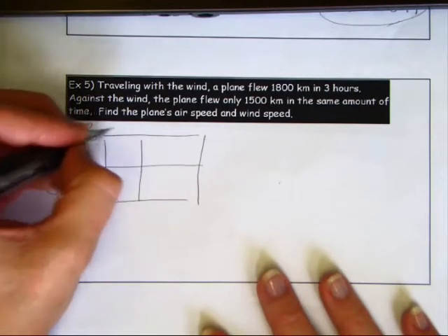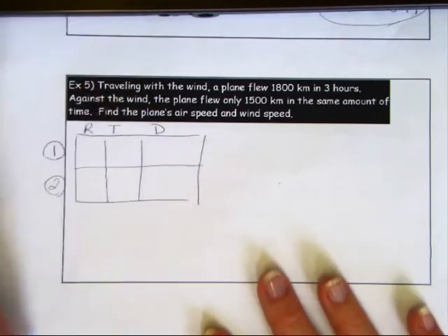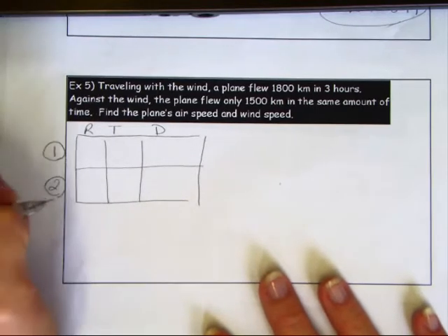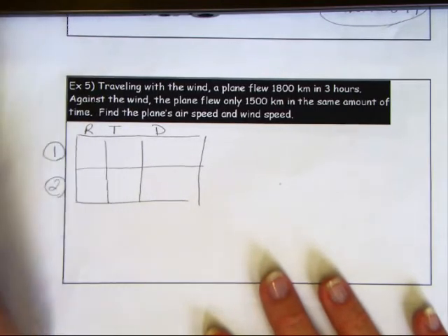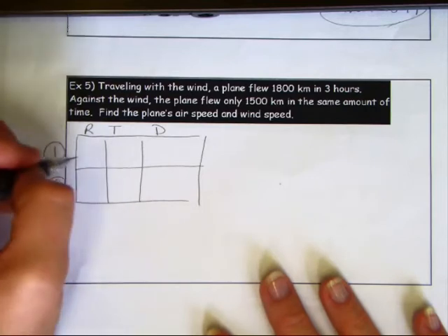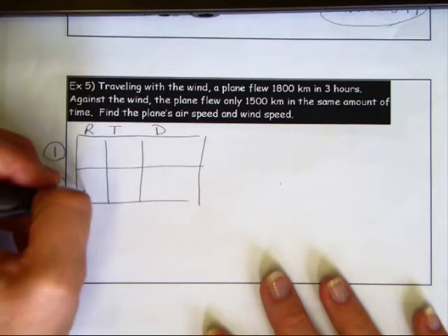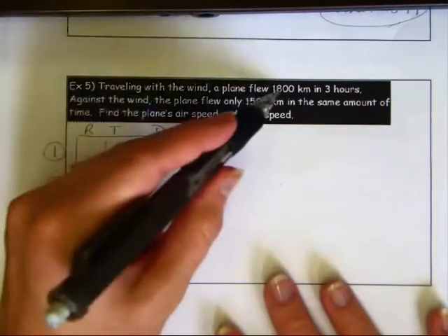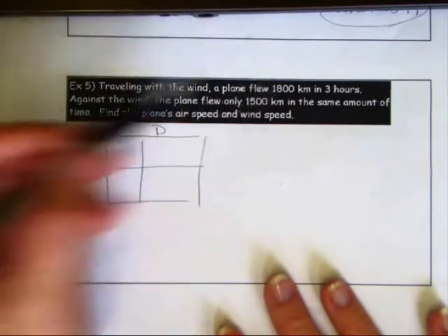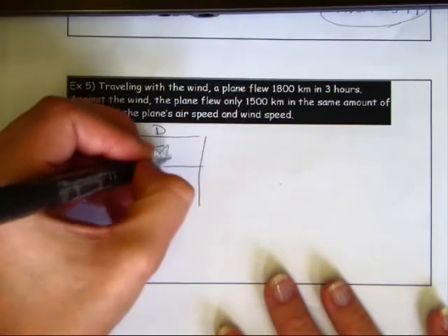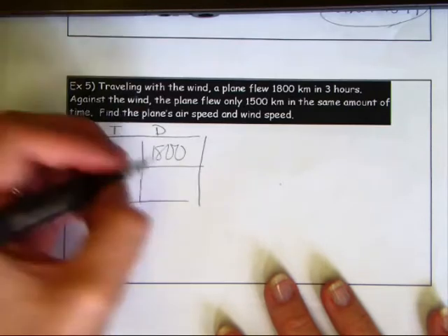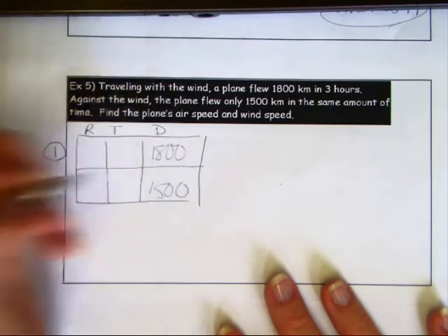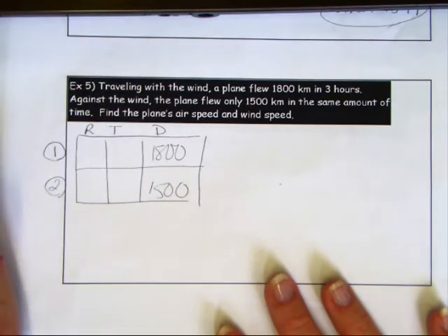We know that rate times time is distance. Remember I told you this box is R plus W, this one's R minus W. But let's start with the 1,800 and the 1,500. 1,800 is how far plane number 1 went, and 1,500 kilometers is how far plane number 2 went.